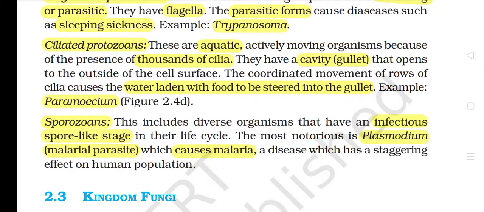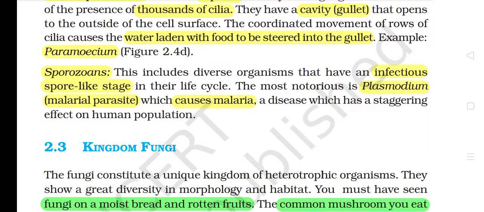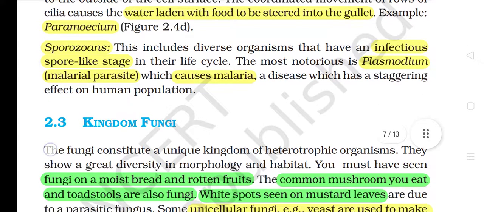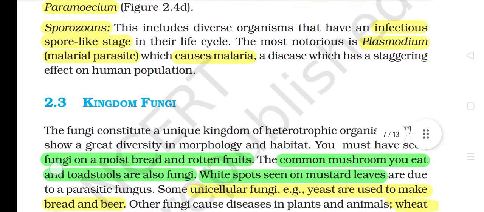The coordinated movement of rows of cilia causes the water laden with food to be steered into the gullet. Example, Paramecium. Sporozoans. This includes diverse organisms that have an infectious spore-like stage in their life cycle. The most notorious is Plasmodium, the malarial parasite, which causes malaria, a disease which has a staggering effect on the human population.